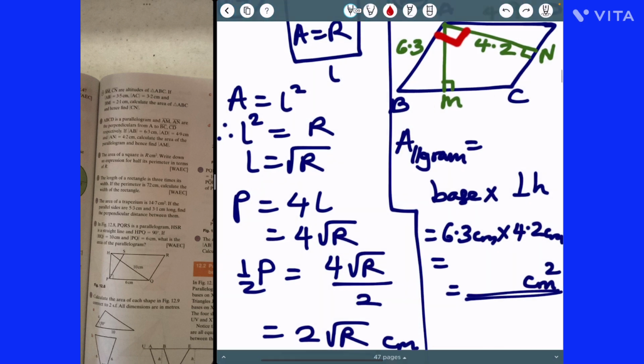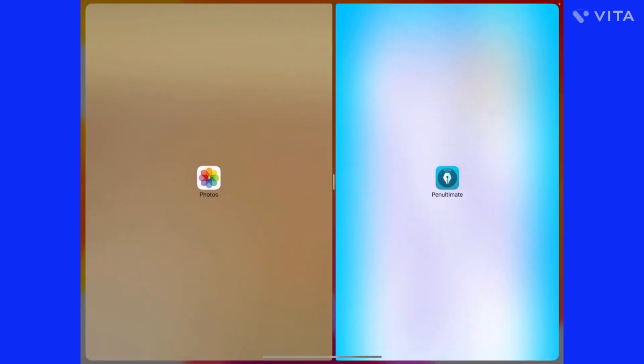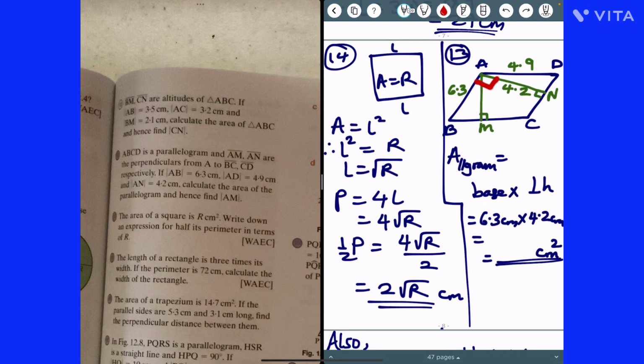Okay. All right. So base times perpendicular height here. I need to find AM. Also, this base BC times perpendicular height AM will also give me the area of the trapezium. You understand? And BC is 4.9, since AD and BC are opposite sides, and opposite sides of a parallelogram are equal and parallel.